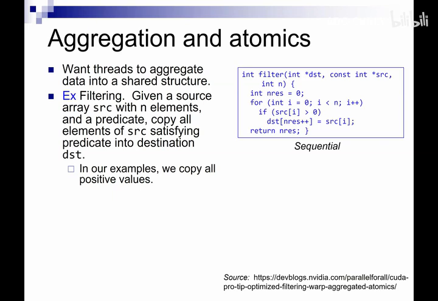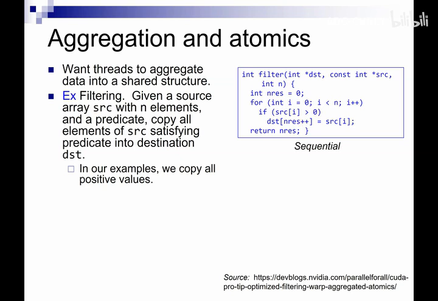As an example, suppose we want to take the input array source and pick out all of the positive elements and copy them into destination. A sequential program for doing this would just go through all of the array elements, and if an element is positive, we copy it into the destination array.